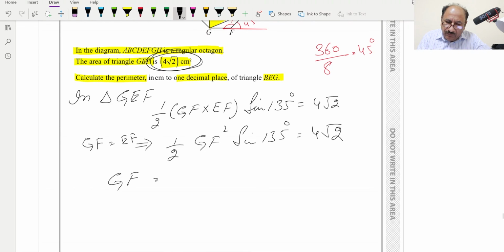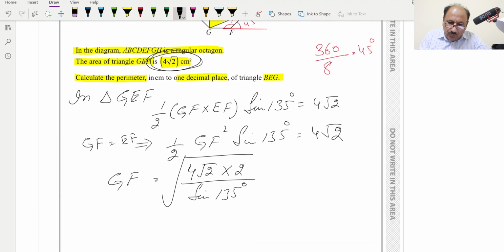So GF will be equal to 4 root 2 multiplied by 2 over sine of 135 degrees, and taken root, because we have removed GF square.